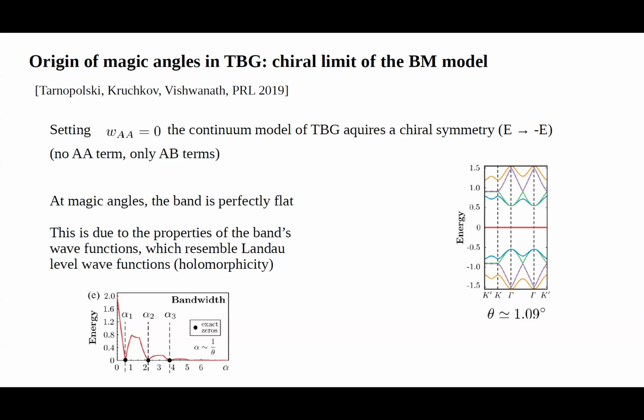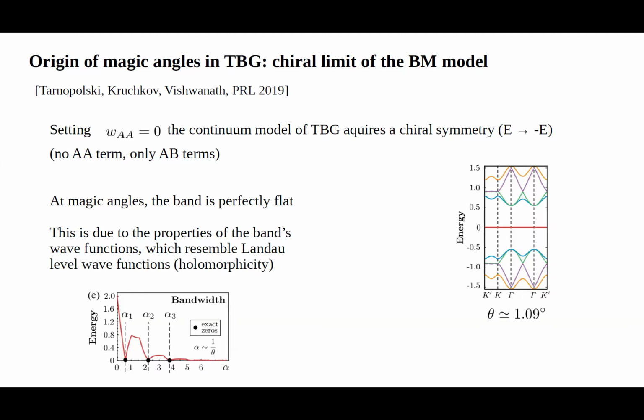So here is the band structure that they found. And there's actually a very profound reason why this band becomes very flat. It has to do with the mathematical structure of the wave function in the flat bands in the chiral limit, which now really resemble Landau level wave functions.